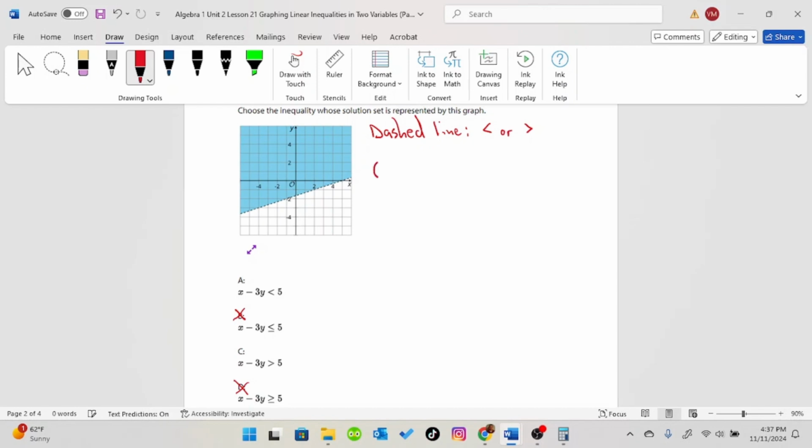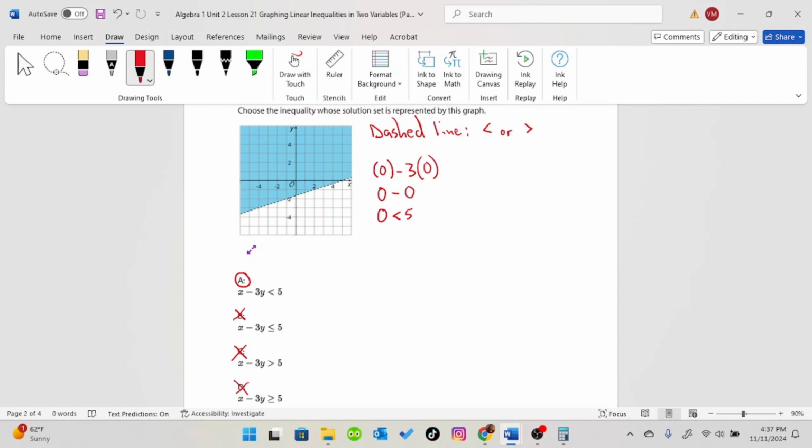So this means we would have 0 minus 3 times 0. That becomes 0 minus 0, which is 0. And we know that 0 is less than 5. That means choice A is correct and choice C is wrong.